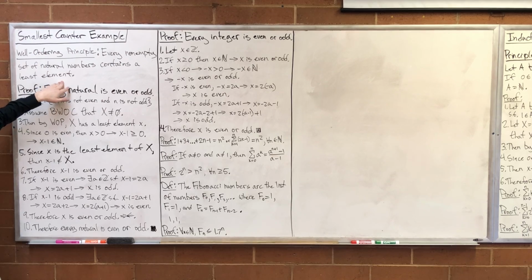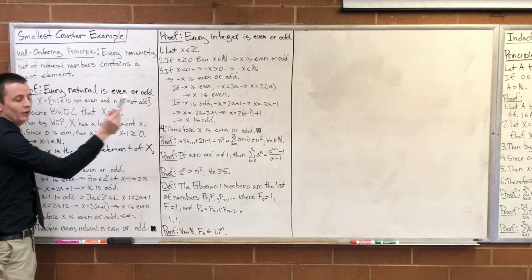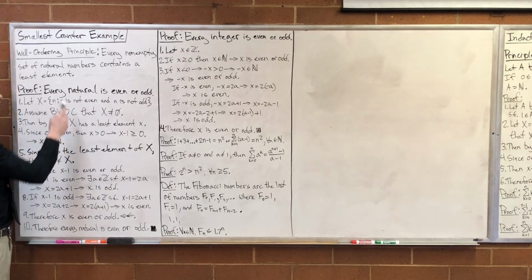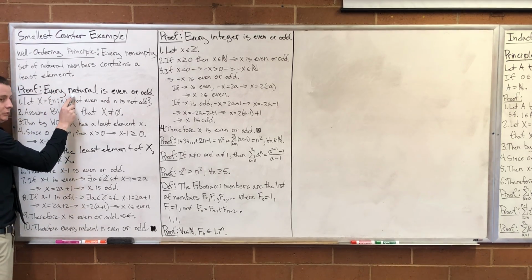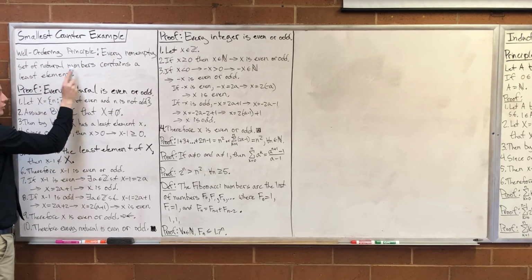Ready? Let's go. Okay, so we're going to do a proof using this well-ordering principle. And this is a proof by smallest counterexample, and here's how they generally work. So I'm going to prove that every natural number is even or odd. Very important, I need to be talking about natural numbers because the well-ordering principle only applies to natural numbers.